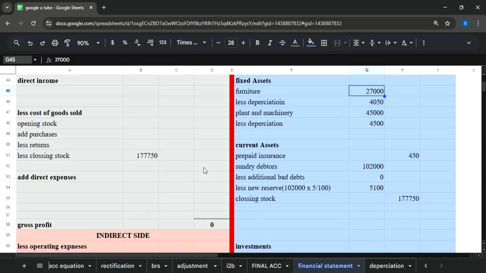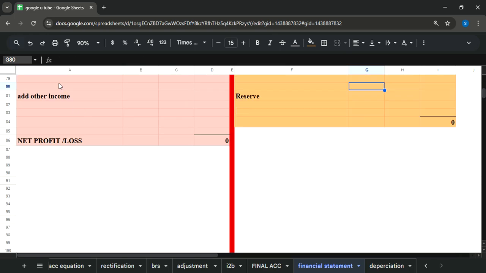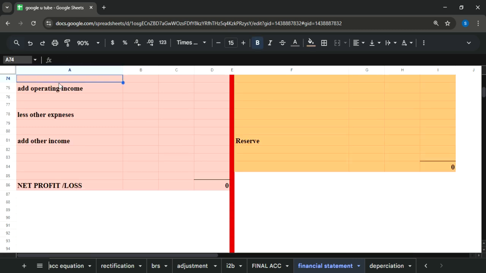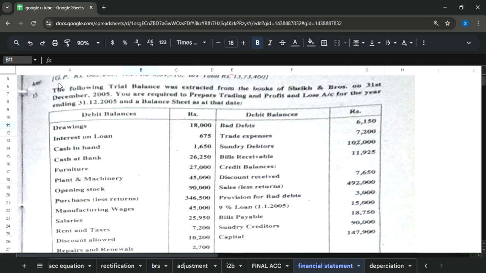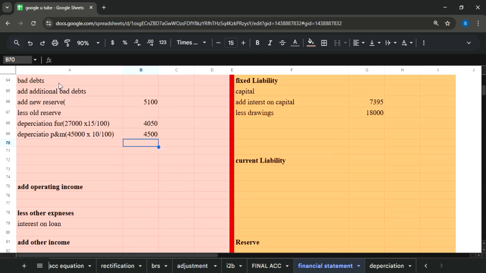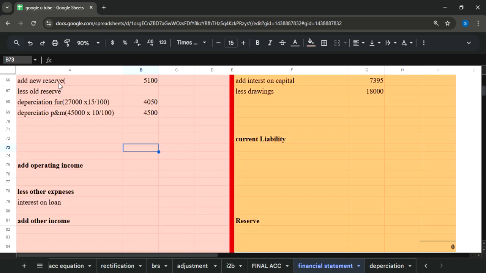So you will go to the other expense side, and here you will mention interest on loan, and we will write on the lower cell, interest on loan 675. I will let you know why we are writing in the lower cell.